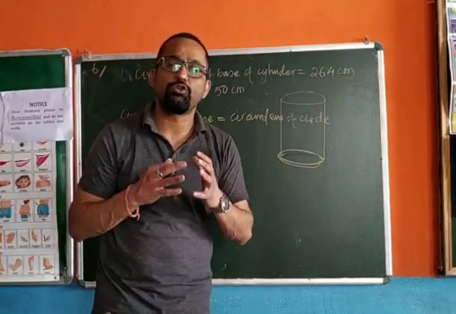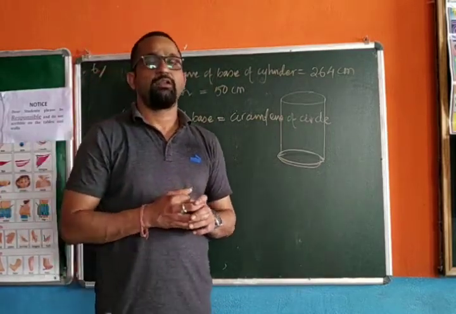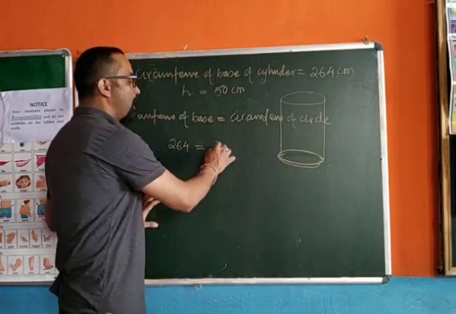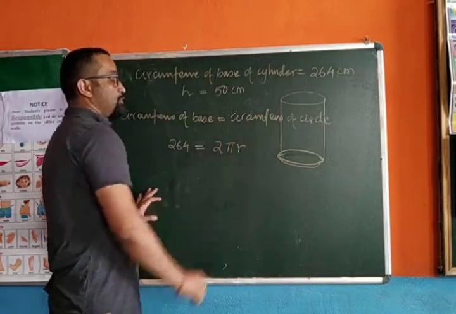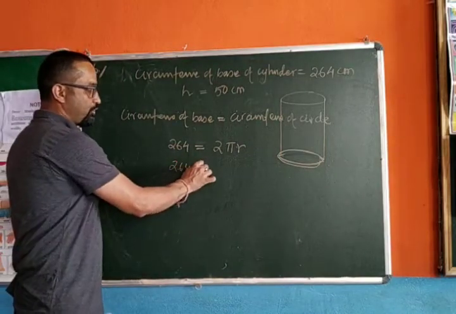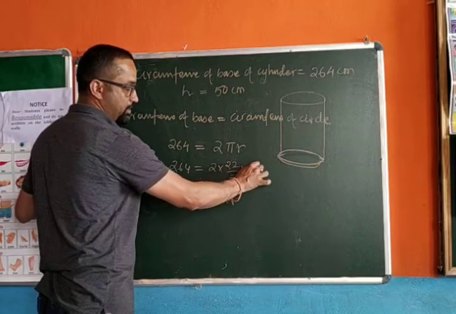You need to recall your class 9 maths. Circumference of circle is nothing but 2 pi r. So we calculate the radius from here. 264 equal to 2 into 22 upon 7 into radius.